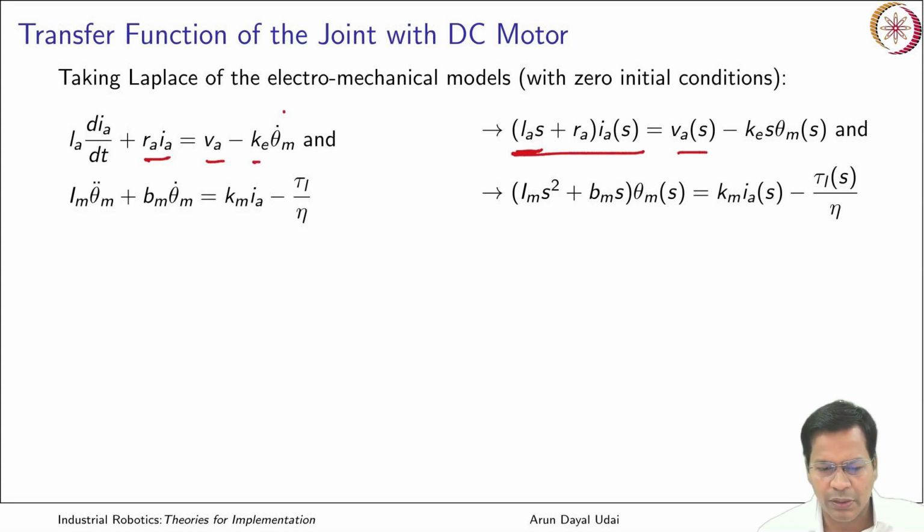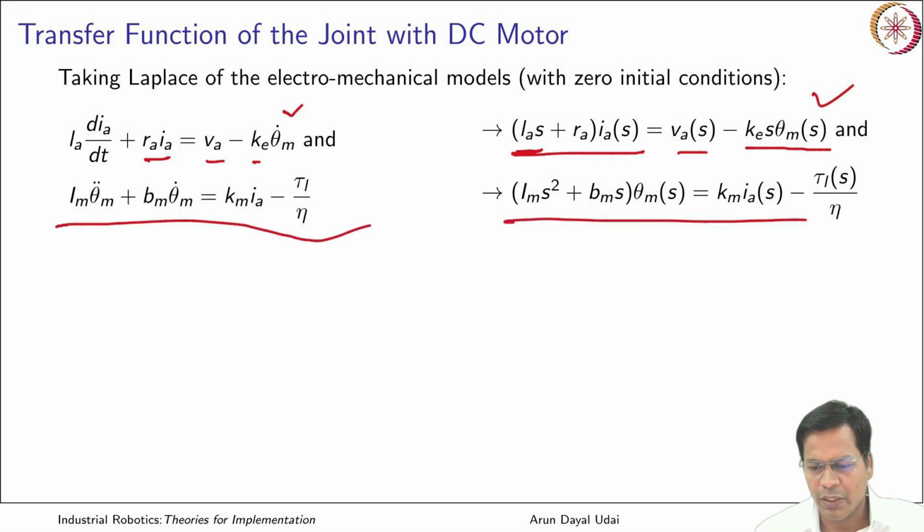Because it is theta m dot, it is s theta m(s), taking all the initial conditions as 0. The rotor has started from rest, 0 velocity, from 0 position. So that is the reason this is valid.